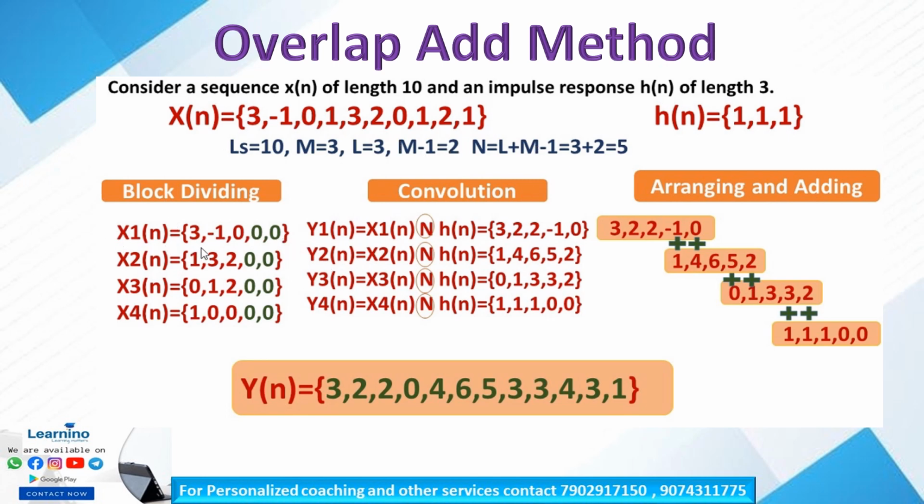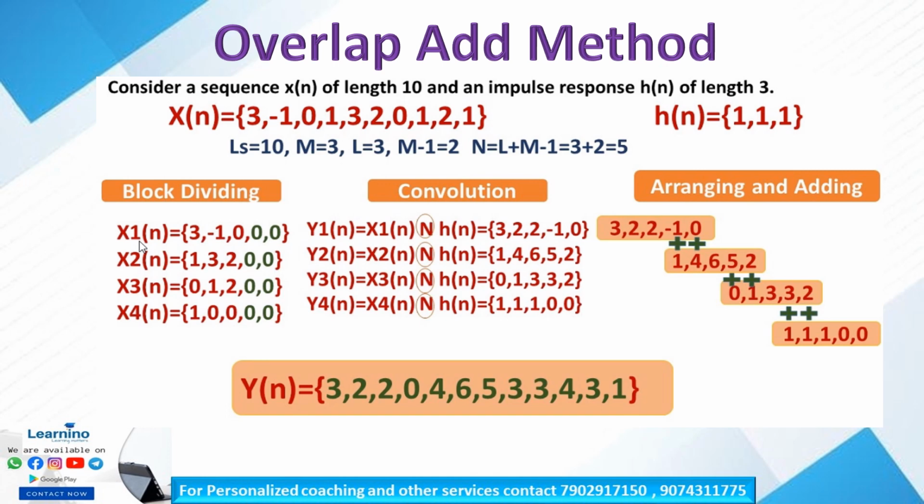In each block the first L data points will be from the input sequence, and then we append M minus 1 zeros to that, which makes the total data size L plus M minus 1, that is 5.